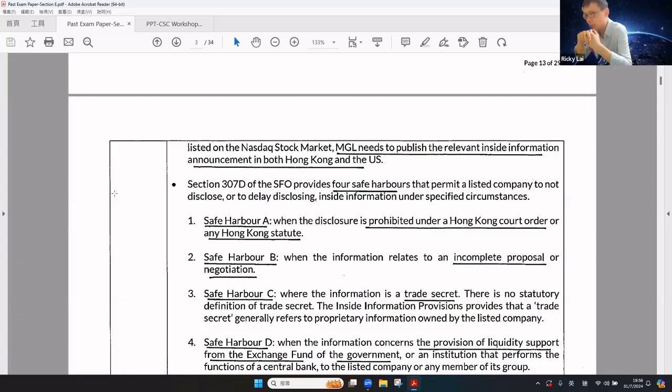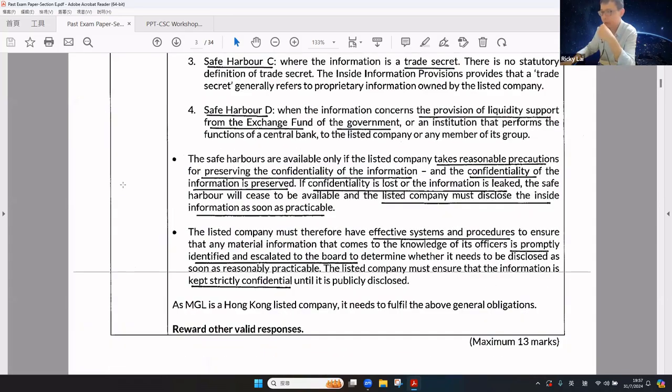The inside information provision provides that a trade secret refers to any proprietary information owned by the listed company. Finally, safe harbor D, that is when the information concerns the provision of liquidity support from the exchange fund or the central government or an institution that performs the function of a central bank to the listed company or a member of its group.